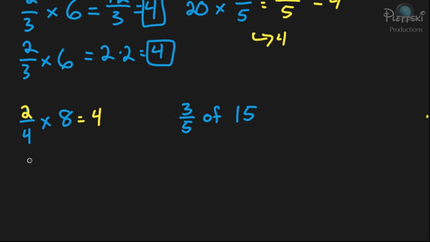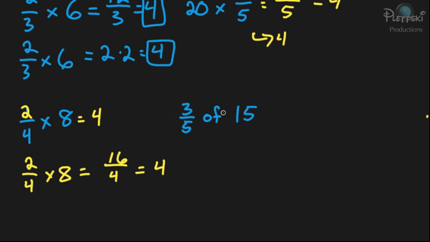Or you can do it like the way we first learned, where you simply multiply the whole number times the numerator, so 8 times 2, which is 16, and then put that over the denominator, and then you can simplify. And when you simplify, you simply divide by the denominator. So 16 divided by 4, which is 4. So you'll get the same answer.